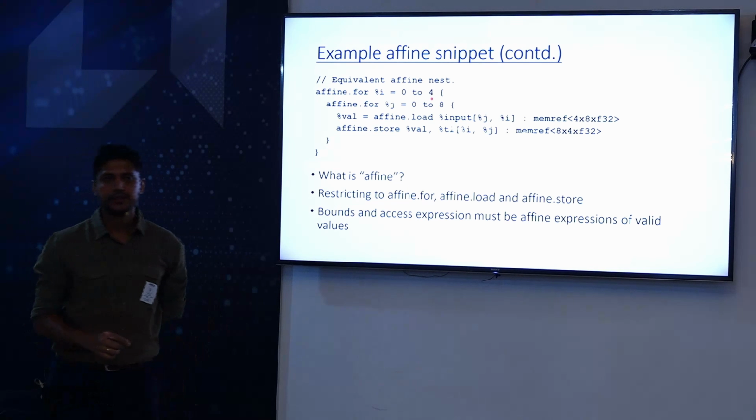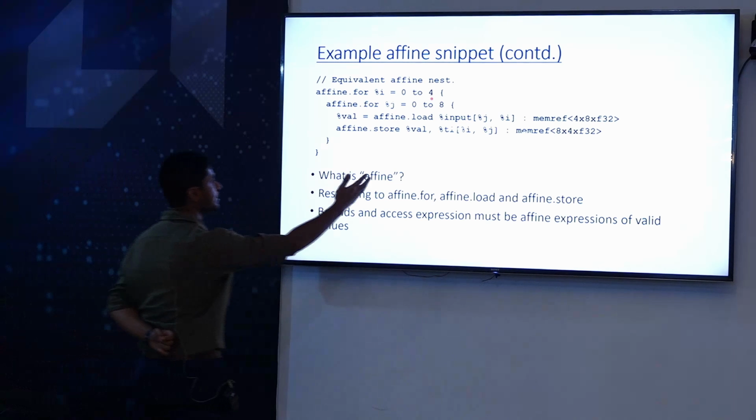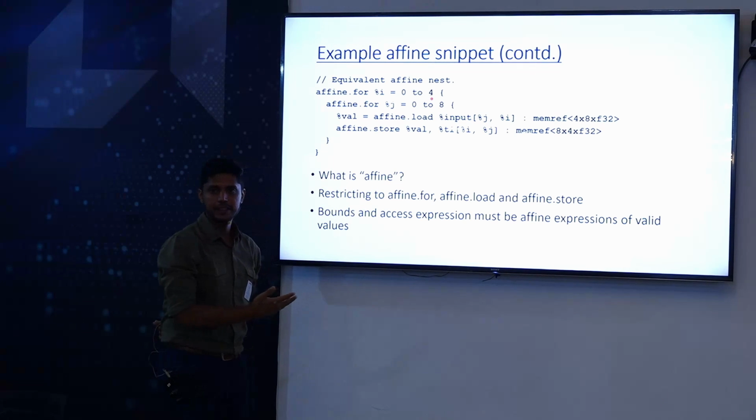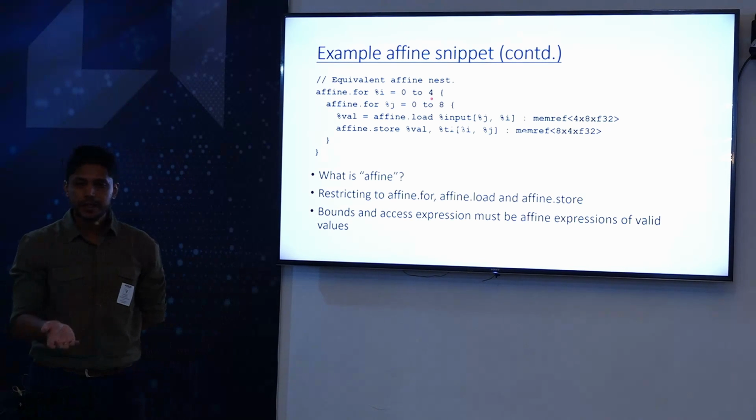That would fail. So the restriction on the IR is that the bounds and the axes, in this discussion, all have to be affine. When I say affine, they have to be linear combinations plus a constant. Maybe there is a constant, otherwise the constant is 0.